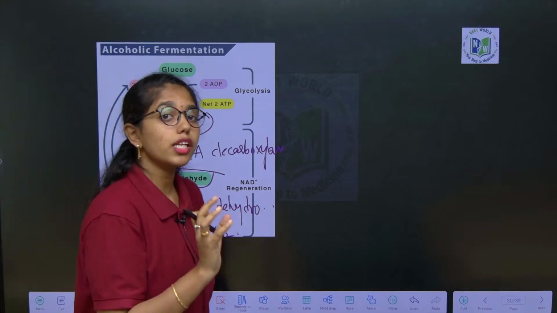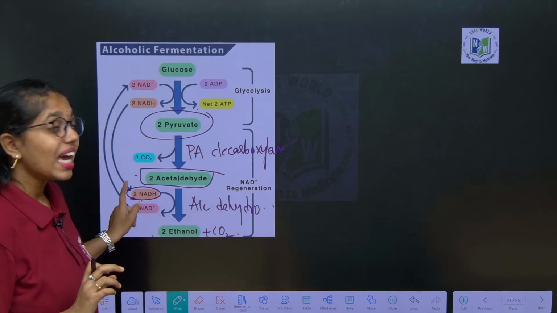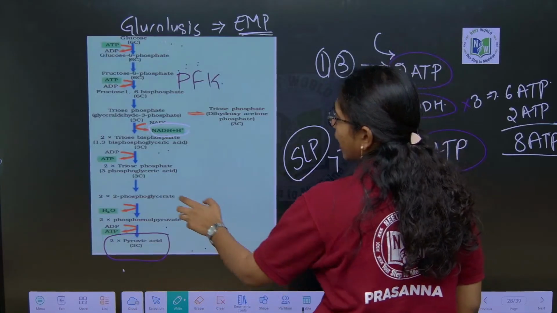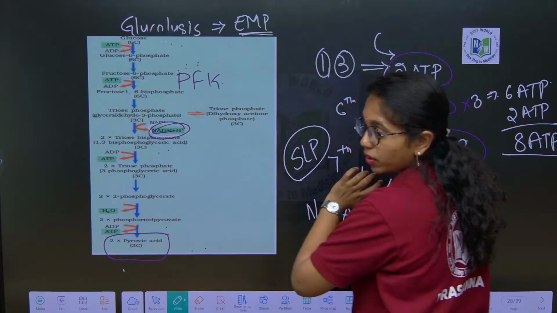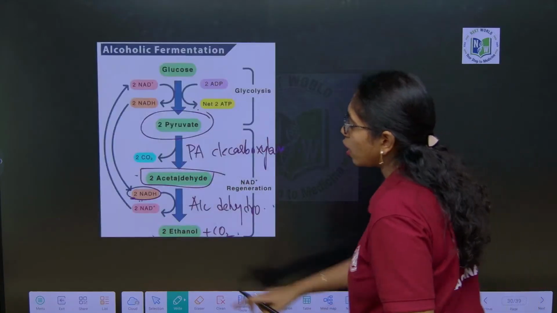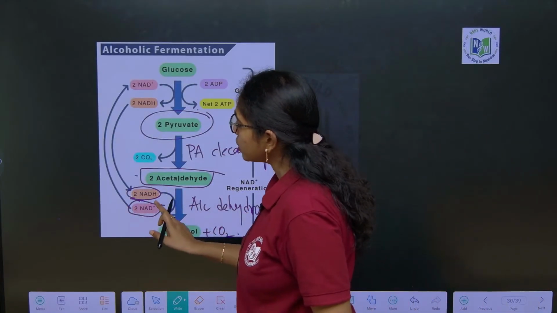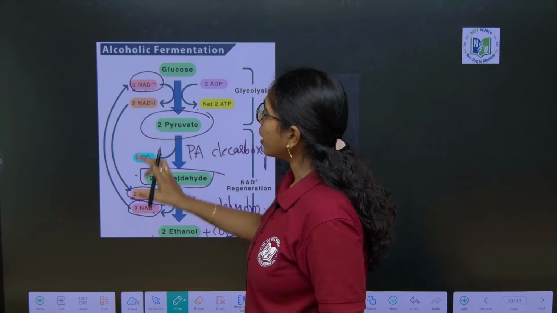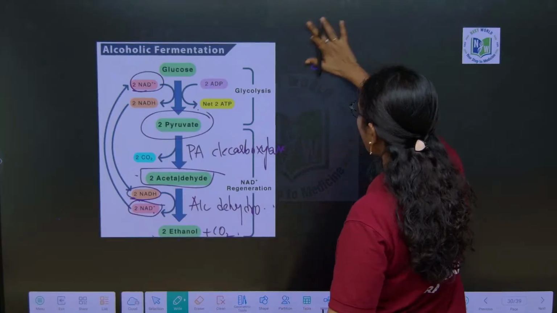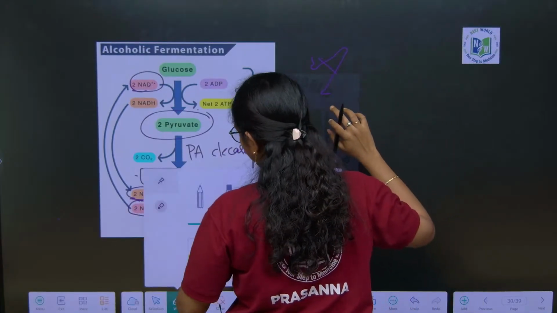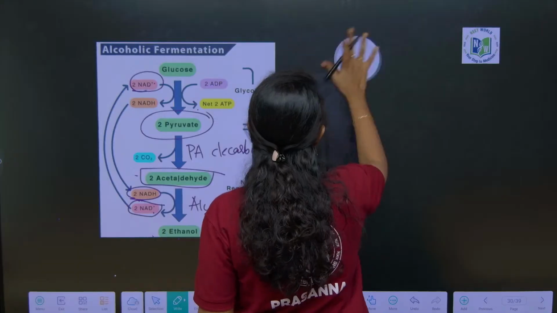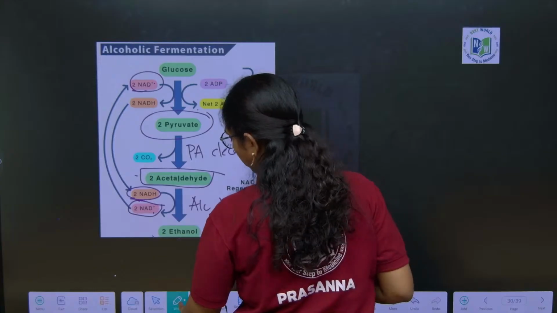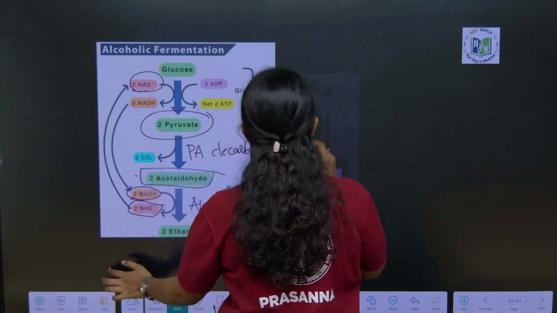This 2 NADH which is utilized at this step is taken from glycolysis, where NADH is released at the 6th step of glycolysis, and it is utilized by alcoholic fermentation, and this releases 2 NAD plus, that is utilized by glycolysis. So, here there is no energy released through the process of fermentation.